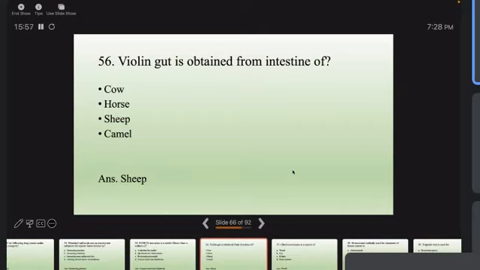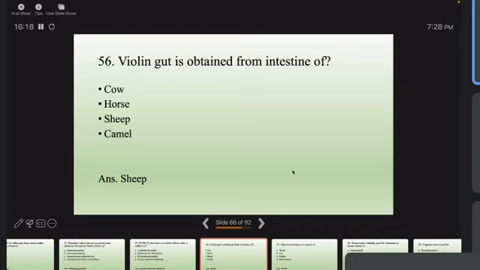In medical practice, violin gut was used earlier as a suture to hold together skin or an epidermal layer. Right now, I think we have other chemical forms being used. So it is obtained from sheep.